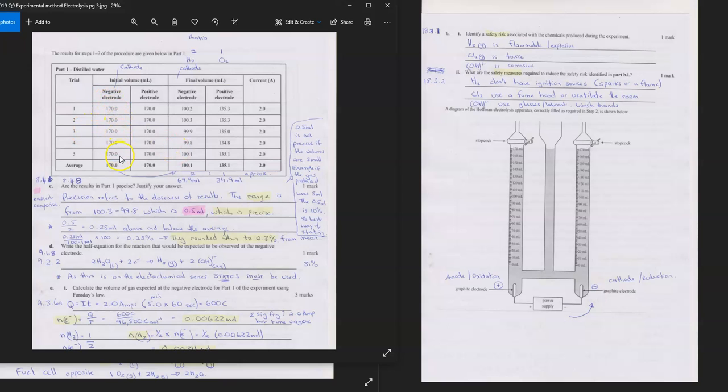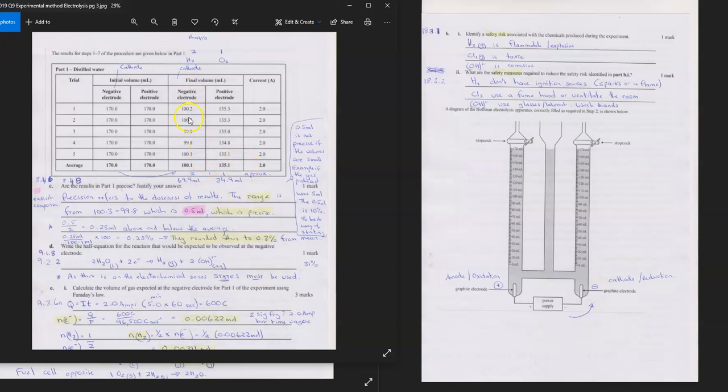So you're starting with 170 mils, so it's full, and then it's going down because you're producing gas, which is pushing the water down. So you can see this one has made about 70 mils because it's gone down about 70 mils, and this one's gone down about 35. So 35 times 2 is 70. So you can see the 2-to-1 relationship.